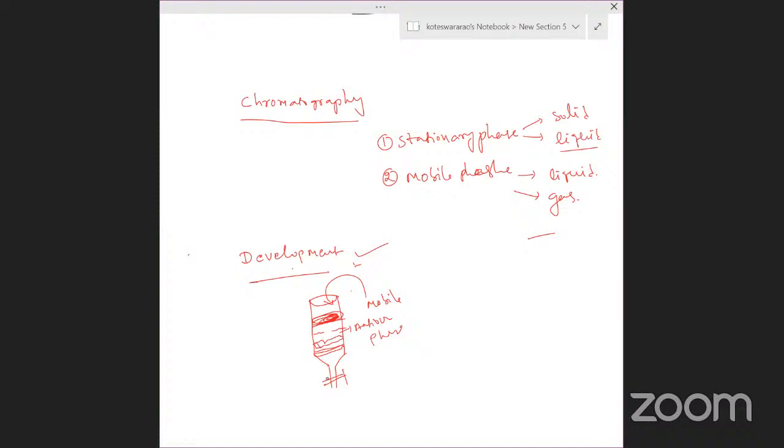Or in other chromatography, such as two-dimensional chromatography, they may appear as spots. This separation of the compounds from the mixture by moving the mobile phase through the stationary phase is called development.